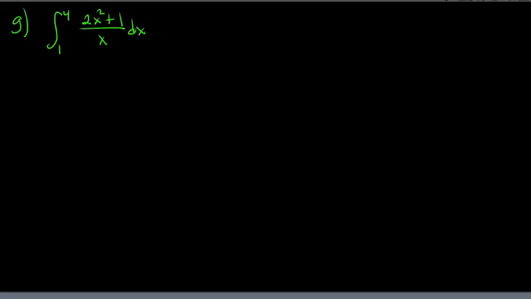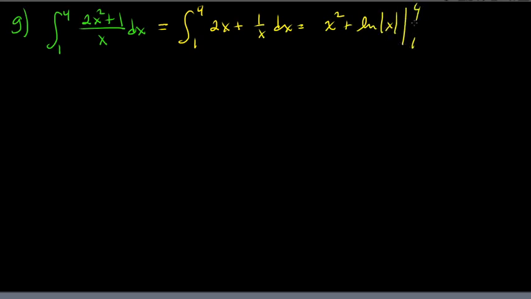But going on to part G. This should be a very easy one. All you have to do is simplify, right? This is 2x plus 1 over x. So when you integrate, you just get x squared plus natural log of absolute value of x. However, we don't need absolute value because both 1 and 4 are positive. So you get 4 squared plus natural log of 4 minus 1 squared minus natural log of 1.